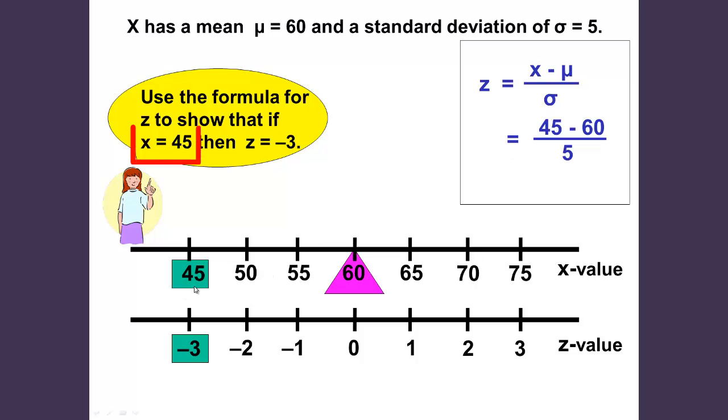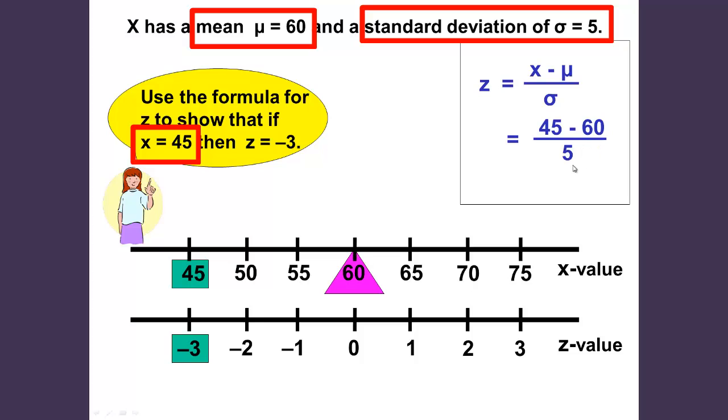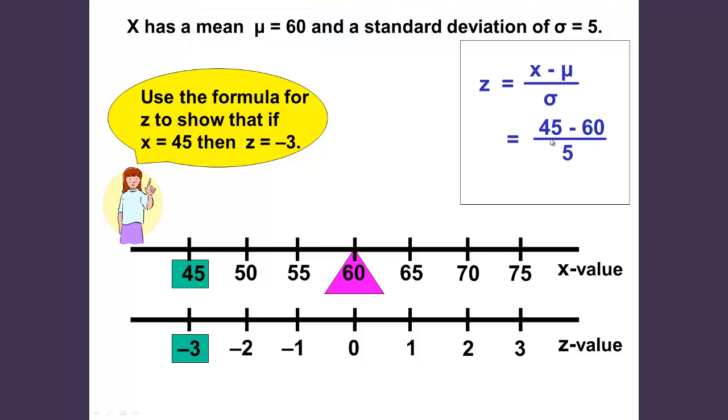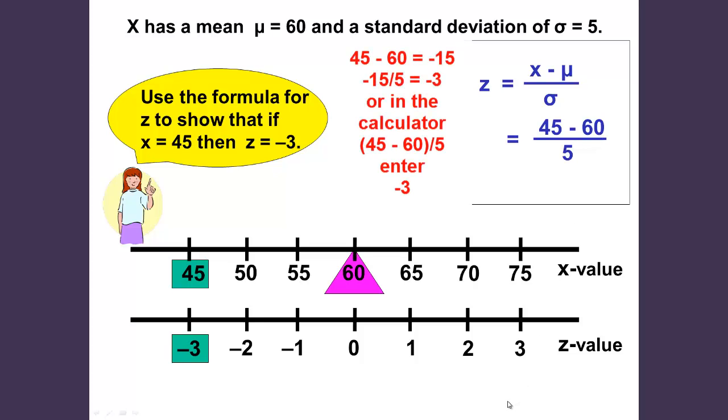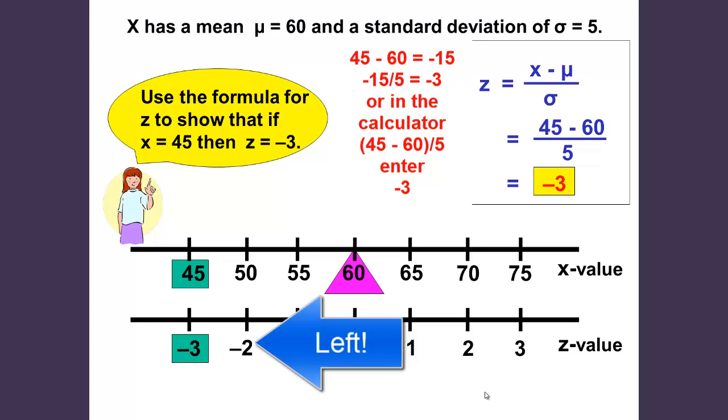X is the x value of 45 minus the mean, which is 60, divided by the standard deviation of 5. 45 minus 60 is -15. -15 divided by 5 is -3. Remember, it is negative because it is to the left of the mean, and 45 minus 60 is a negative number.